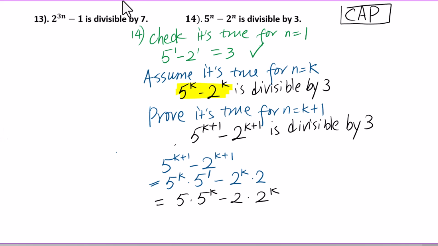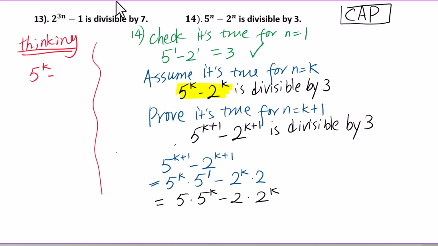This is our thinking part. We want to create 5 to the kth power minus 2 to the kth power. In our expressions, we got this 5 before 5 to the kth power.